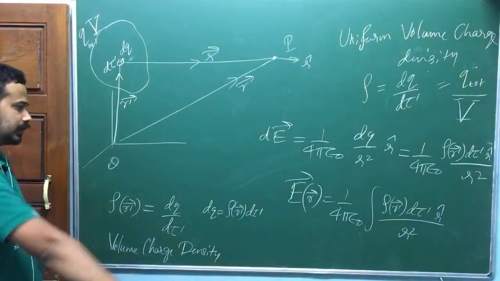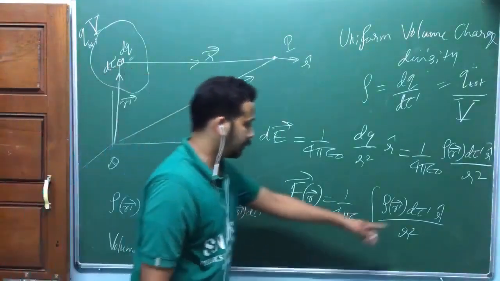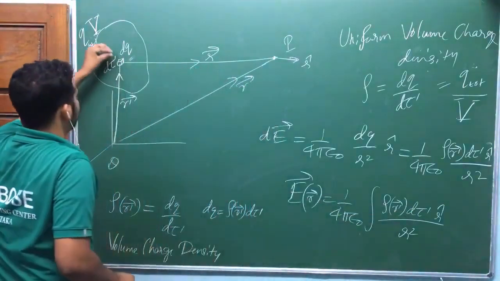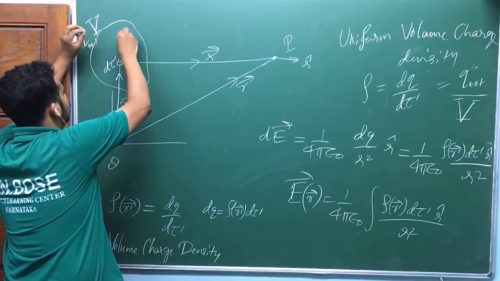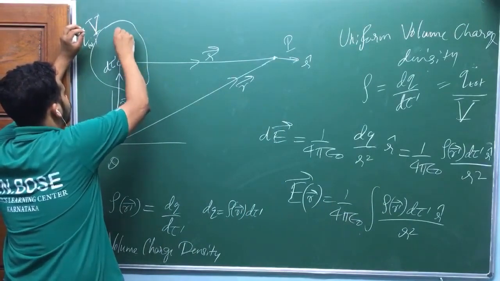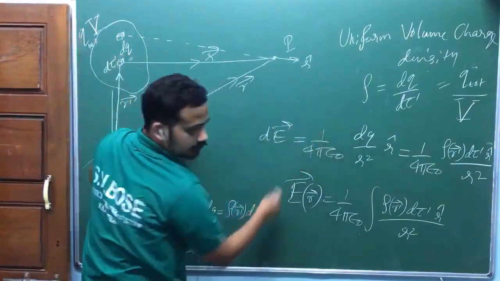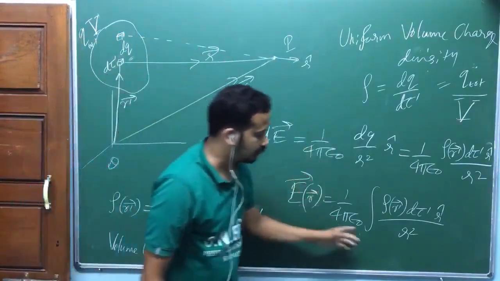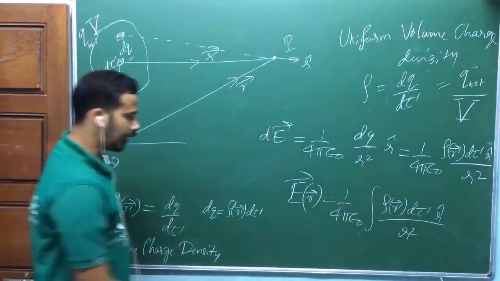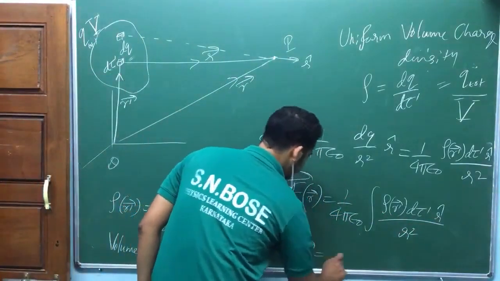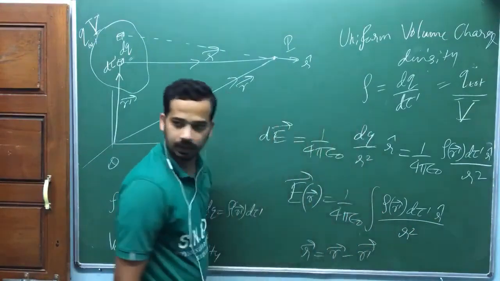Wait a second, we shall solve some example problems. Then we shall see how r cap is variable. If you take this volume element here, r cap is like this. That's why throughout this integral, r cap is variable. Or you can write this r vector, italic r vector, as r vector minus r prime vector.